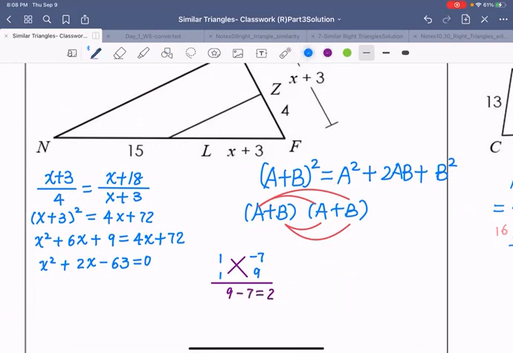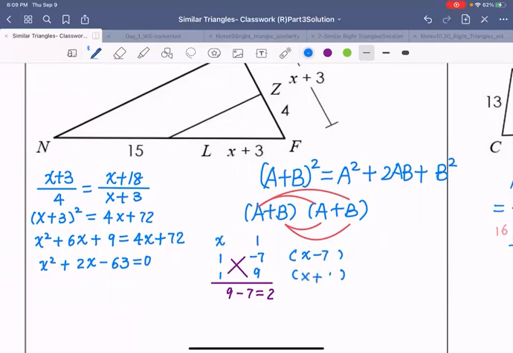So this layer means what? Who is this guy? 1 times x minus 7, right? The second one, x plus 9.